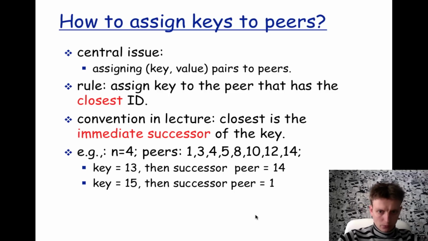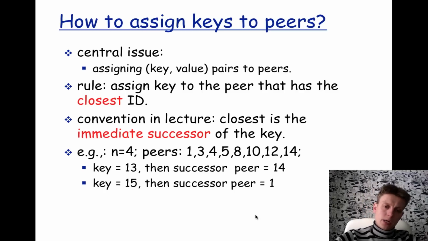It means that we are missing peer number 0, peer number 2, 6, 7, 9, 11, 13, and 15. These peers are missing. Now we compute a key for a given name of a content. We compute a key equal to 13. So in our case, the successor peer would be 14. So we would store this content in peer number 14.